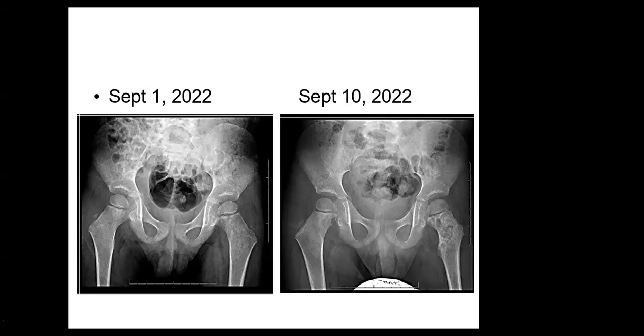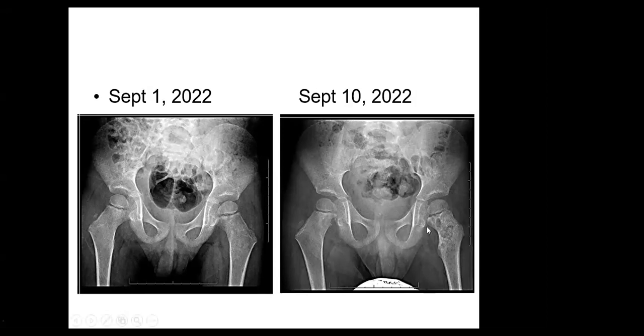So when there is such rapid bony destruction within 9 days, it is most likely infection rather than eosinophilic granuloma. Eosinophilic granuloma will probably take weeks to destroy the bone like this.